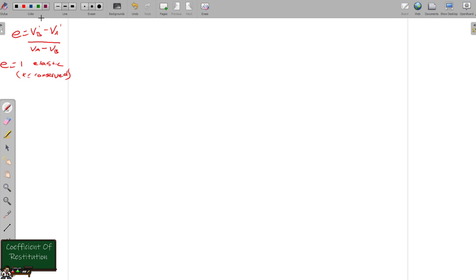So in a situation like that, let's talk about where we can get the fact that E is equal to 1, which is equal to this equation, from our conservation of momentum and conservation of energy equations. So let's start off with conservation of momentum to begin with.